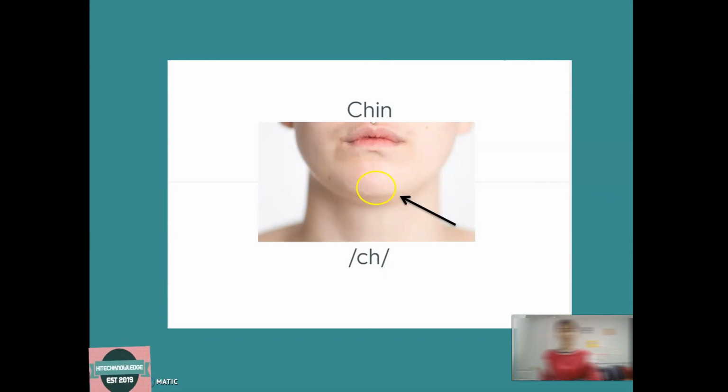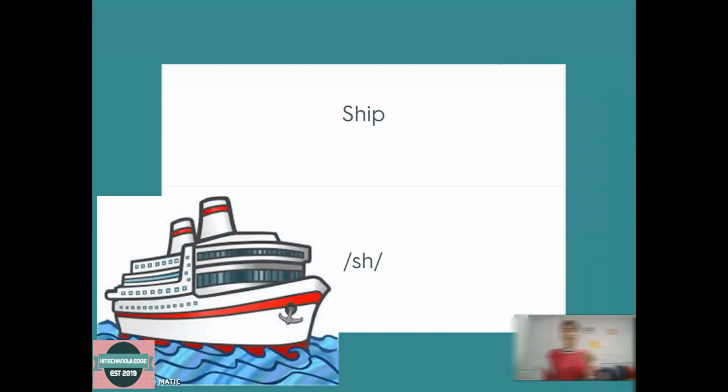As we say ch, most people think that it's sh, but it's not sh, it's ch, chin. Sh, ship. I always teach the early learners in this way so that they always remember. Sh, ship.